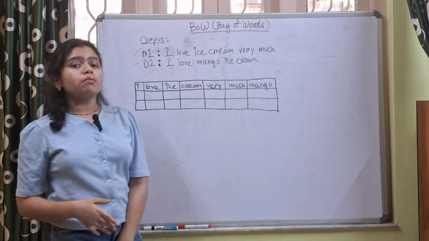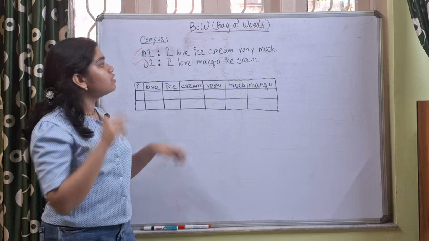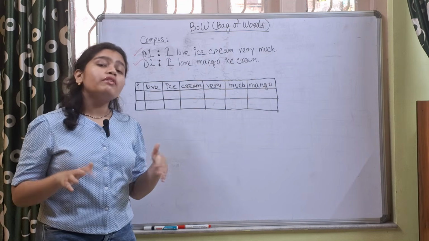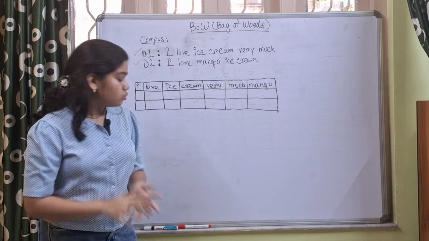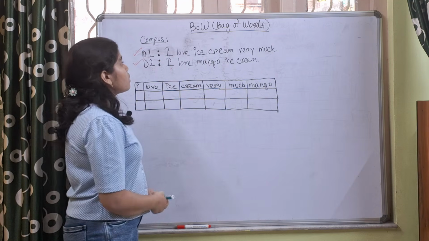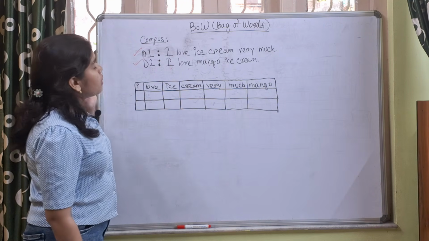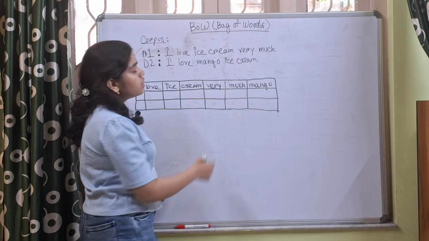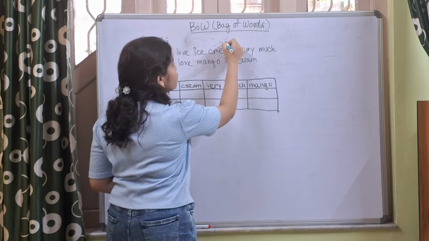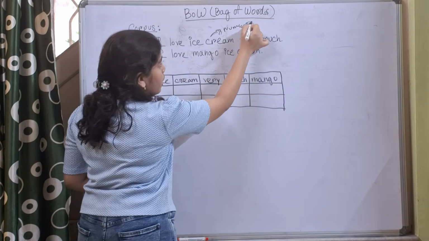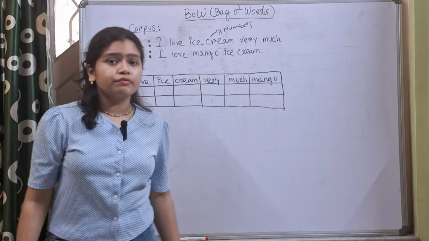So the machine learning model also tells that I want this information in the form of numbers and not text. So basically you have to give the corpus or the documents, this text you have to give in the form of numbers.